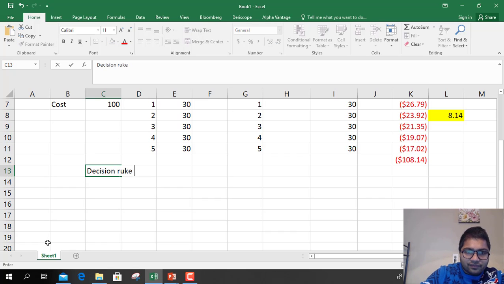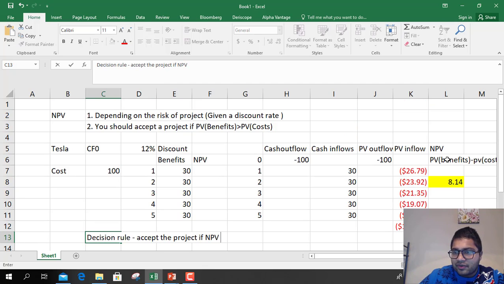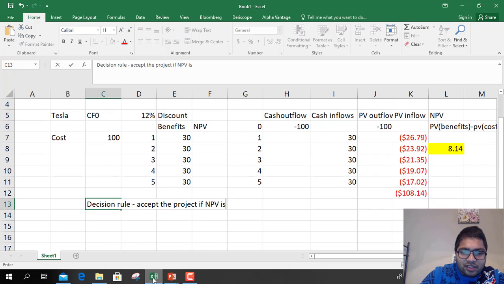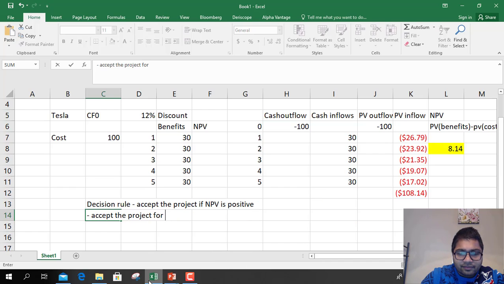Decision rule is accept the project if NPV, net present value, which is nothing but present value of benefits minus present value of cost, is positive, and if 2 or more projects are there, accept the project with the highest NPV.